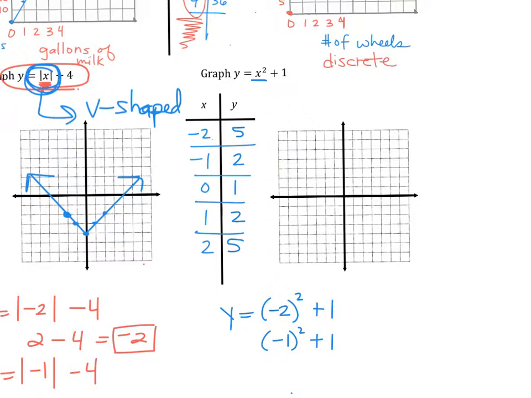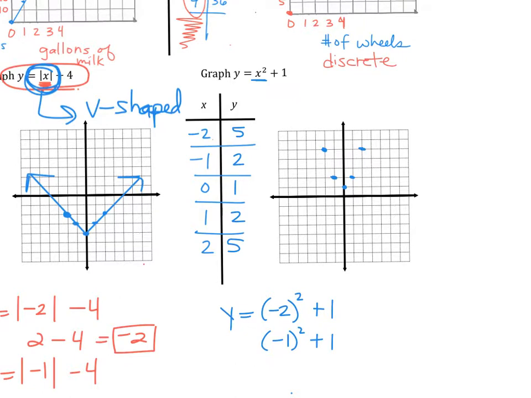All right, so if we plot those, negative 2, 5 is that point. Negative 1, 2 is that point. 0, 1, 1, 2, and 2, 5. First of all, is that a V? Not really, right?